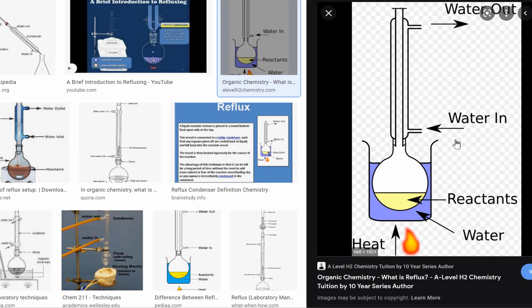To prevent it from evaporating, you put a condenser on the top. Is that clear? So it's like the fractional distillation thing? No, you want nothing to escape. If molecules evaporate, you don't want them to escape. You want them to go up and then fall back and condense back. Is that clear? Yeah, thank you.